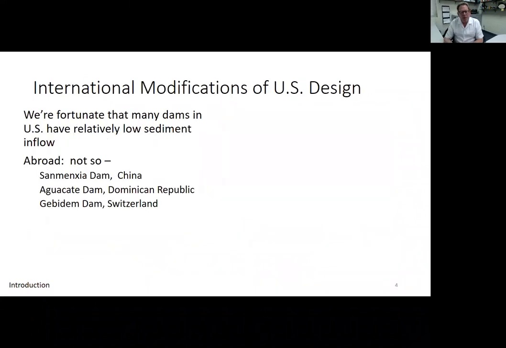Now, this design procedure, decades old, was imported by other countries around the world. But we're lucky here in the United States that many of our dams, most of our dams, have had relatively low sediment inflow. That's not the case abroad.